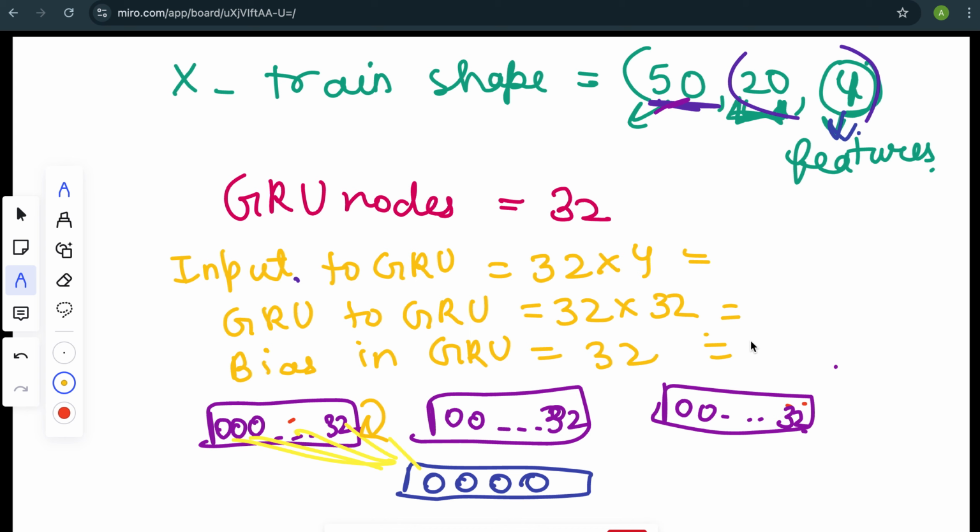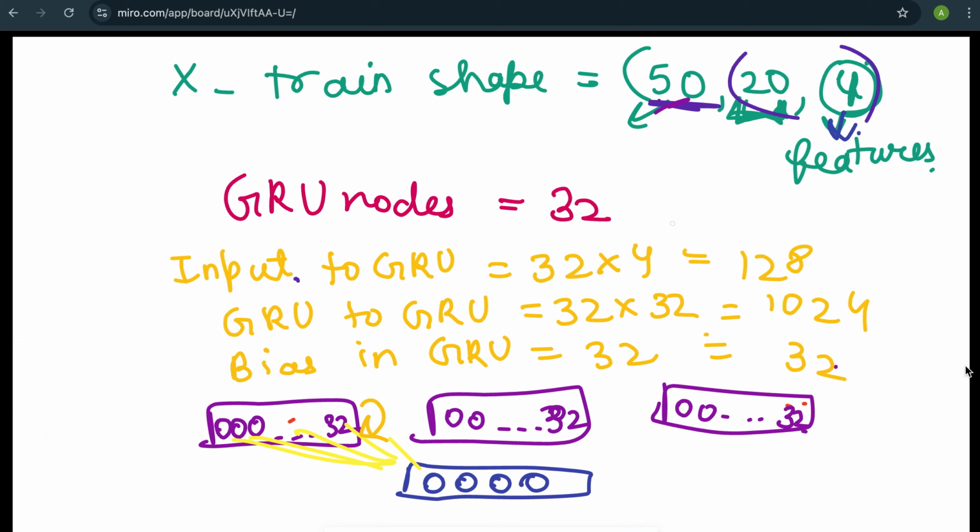Let's do it real quickly. I do have a calculator with me. Here we'll have 1024 and then here we'll have 32. Let's add all of them together. So it's 1184.